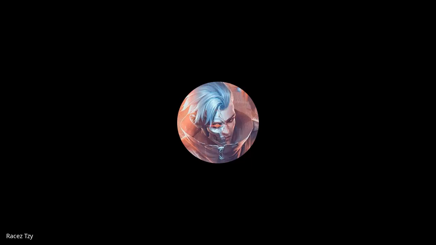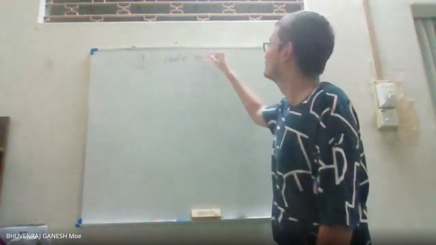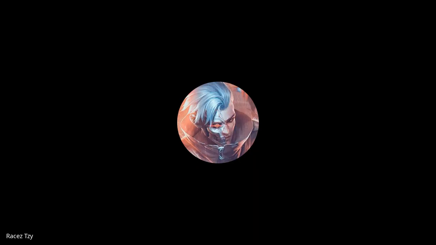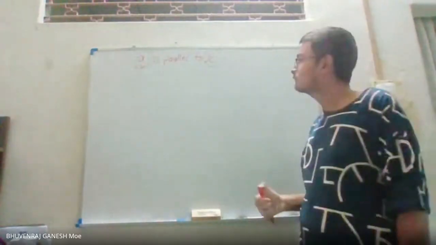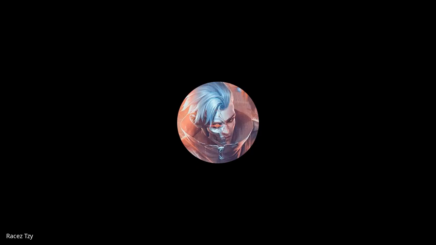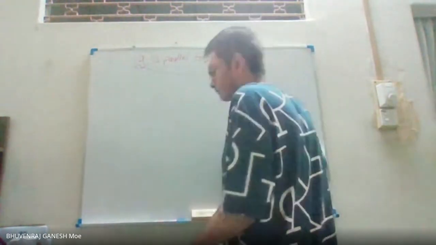A and B separately, what are they called? Vectors. Yeah, correct. Means they're telling these two vectors are parallel to each other, in other words.